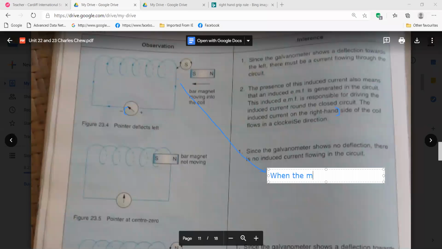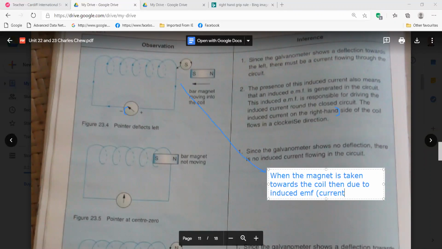When the magnet is taken towards the coil, then due to induced EMF, in bracket you write current, south pole is produced closer to magnet.